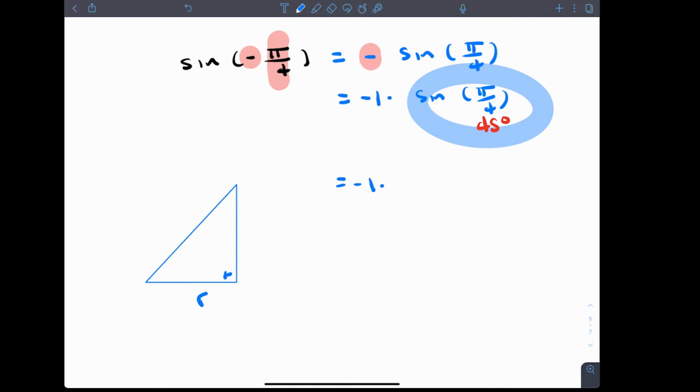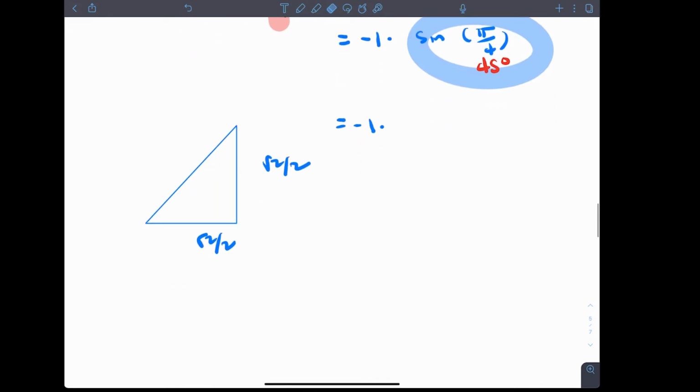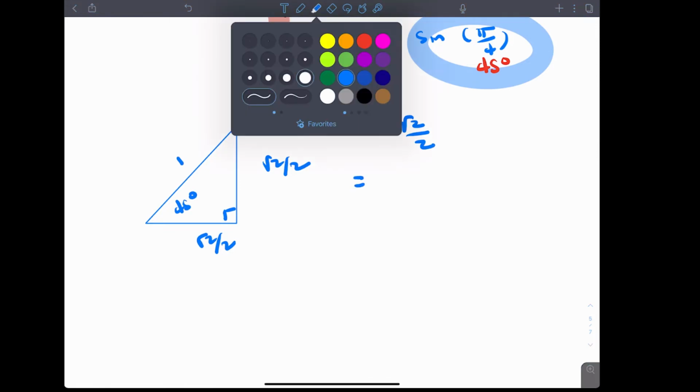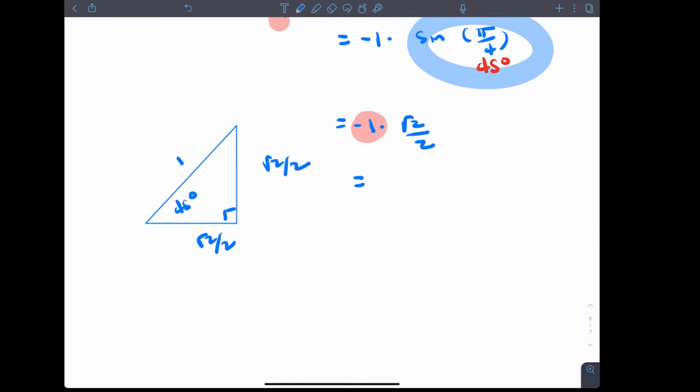See if we can write. Square root of 2 over 2. Square root of 2 over 2. Here's my 90-degree angle. This was 1. Wasn't that 45 degrees, your special triangle? So what is sine 45? You know, that's square root of 2 over 2. What's negative 1 times that? You guys know what that is? That's minus what?